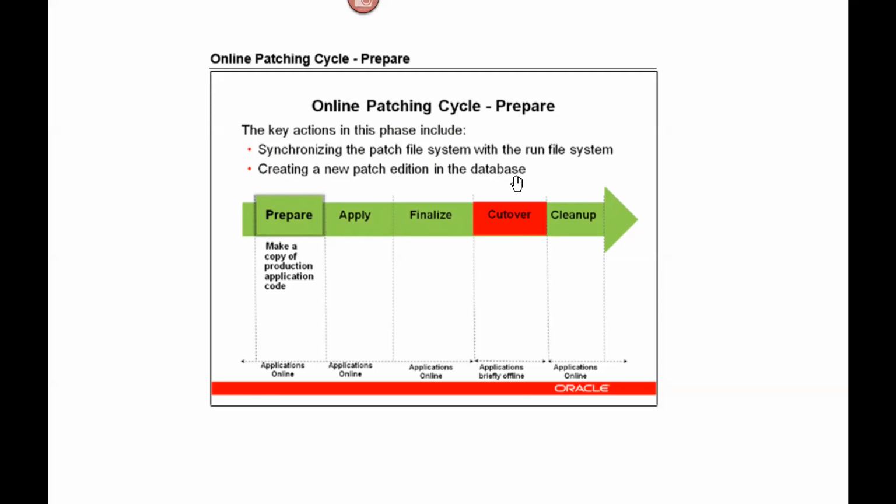Sir, in 12.13, whenever we apply any patches, we enable the maintenance mode. Here there is no maintenance mode, but I still check the invalid objects. Before applying the patch I see what the count is, and after applying the patch, what the count is.